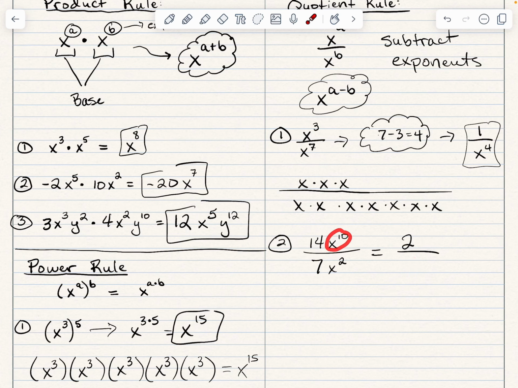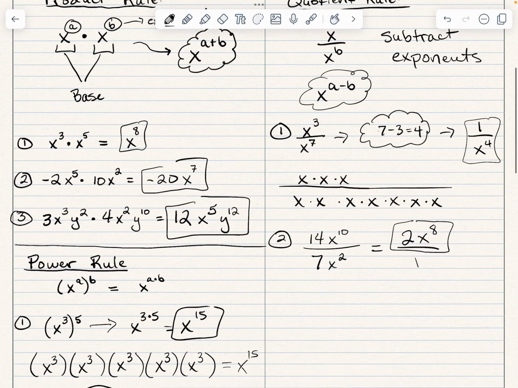And there's only going to be a 1 left in the bottom of our fraction. 2 of the 10 are going to cancel in the top, and there's going to be 8 x's total left in the top. Now, we don't have to put this over 1. You could, but you could leave this answer as 2x to the 8th, because 10 minus 2 is 8, and 14 divided by 7 is 2.